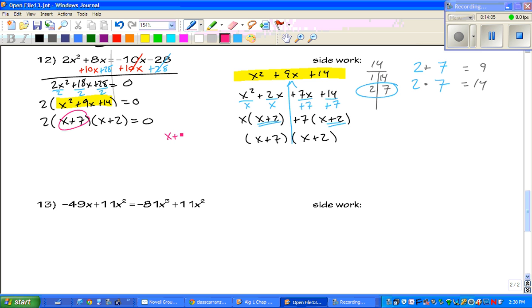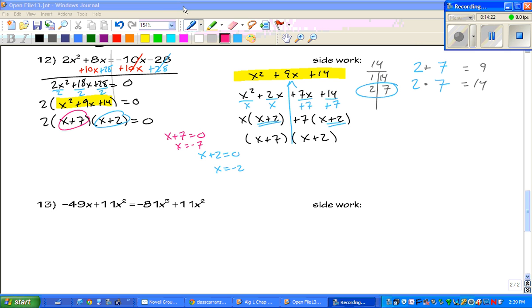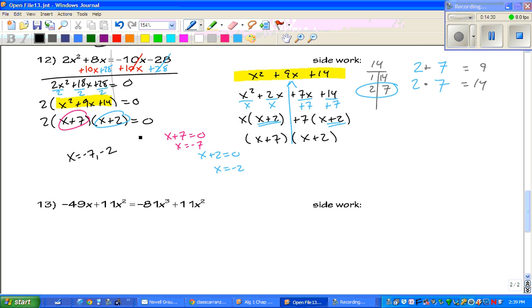And everything with a variable we set equal to 0. And that's where we get x equals negative 2 and x equals negative 7. Alright, so the last thing we need to do is just to write that x equals negative 7 and negative 2.